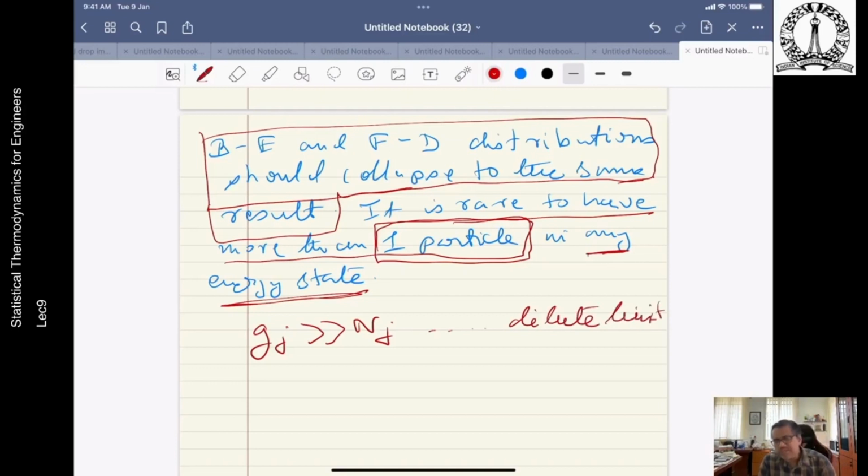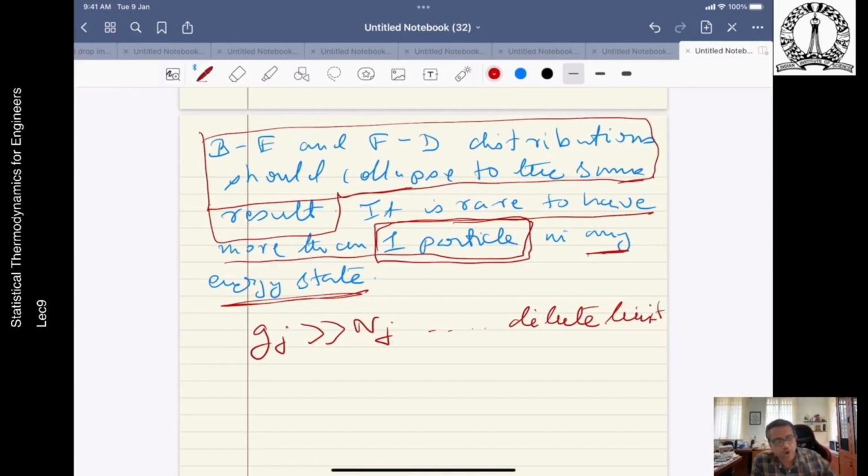As you can see, there are lots of seats available in a stadium, so it's unlikely that two people will start sitting on the same seat. They will probably occupy one seat apiece. Bose-Einstein statistics does not have any limit on the number of particles per energy state, but Fermi-Dirac statistics says there can be only one particle per energy state.